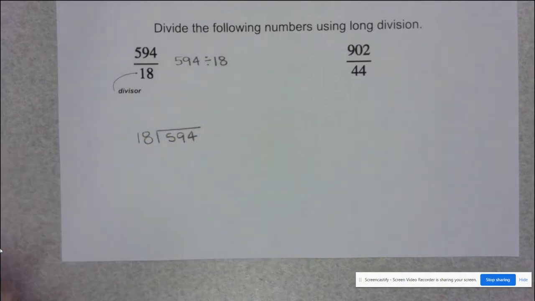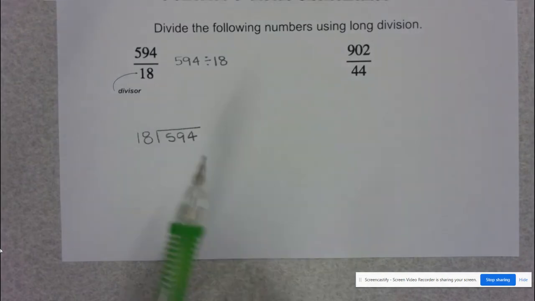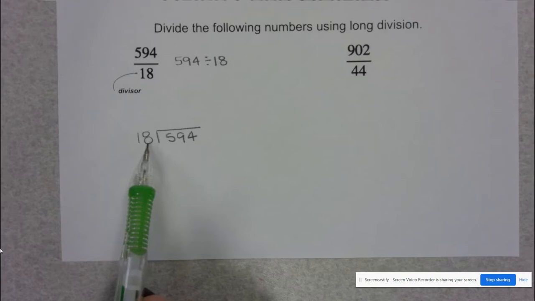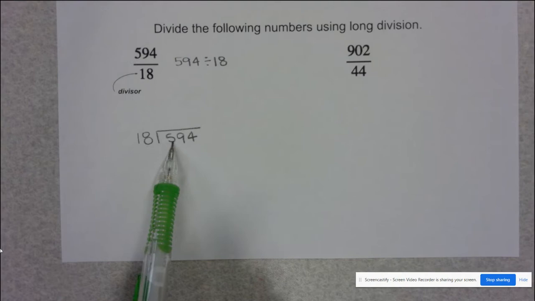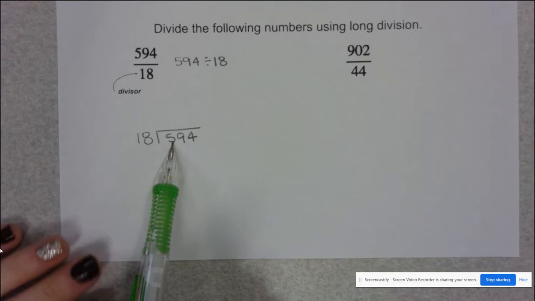We're going to set up our long division this way. So the first thing I need to think about is how many times 18 could go into 59. Well, 2 18s is 36.